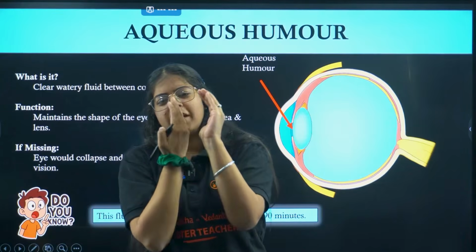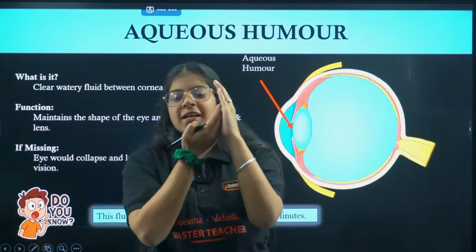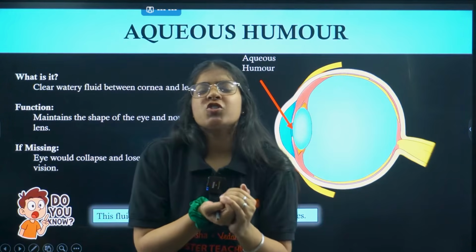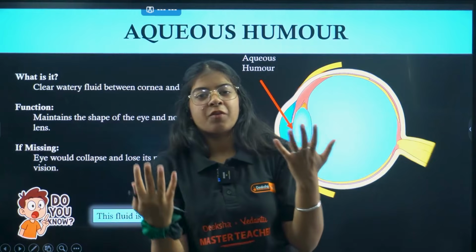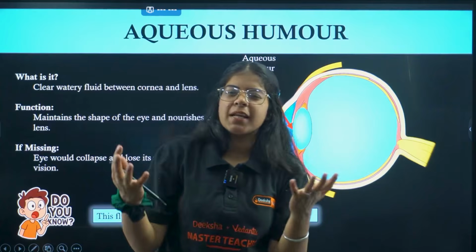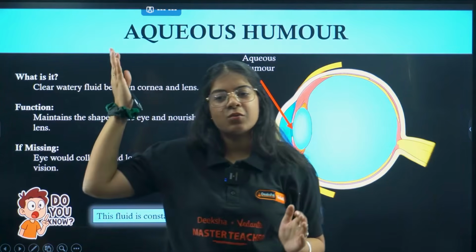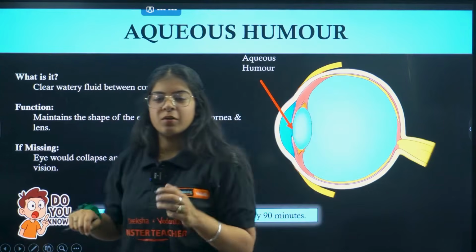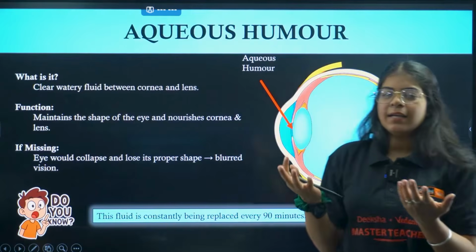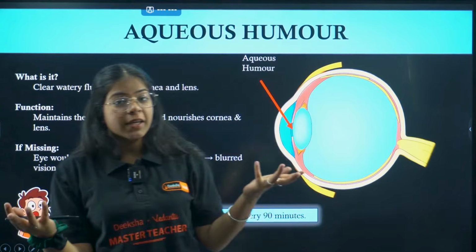Now, there is a liquid between these two which prevents them from friction and nourishes them with the minerals and all. So, this liquid is what is called aqueous humor. What is it? Clear watery fluid between the cornea and our lens. It maintains the shape of our eye and nourishes the cornea and lens.